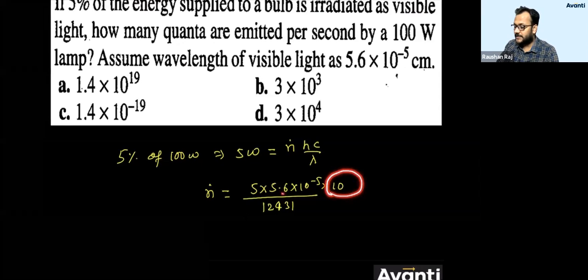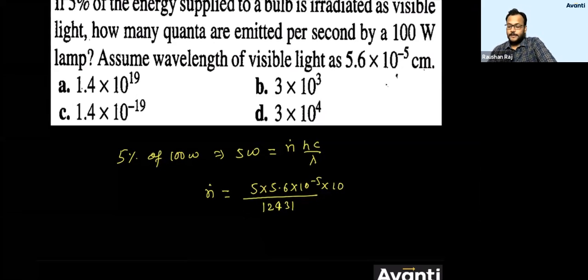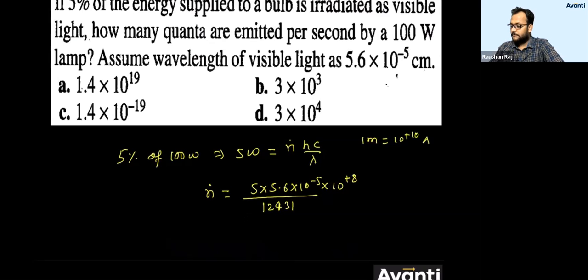If you want to convert this into angstrom, क्या कितना लिखना चाहिए, बोलो बच्चा लोग. 1 meter is equal to 10 to the power 10 angstrom.